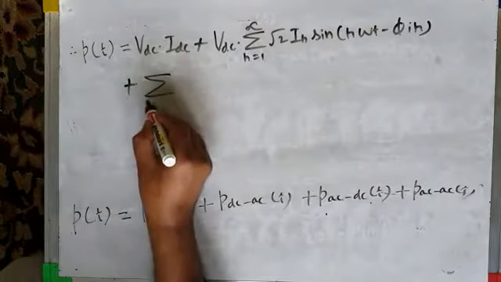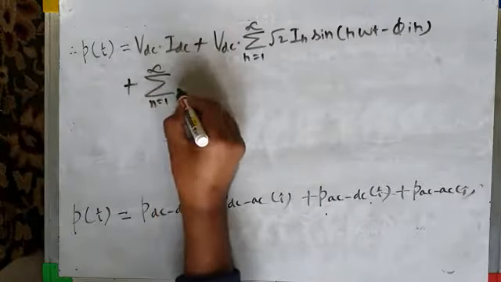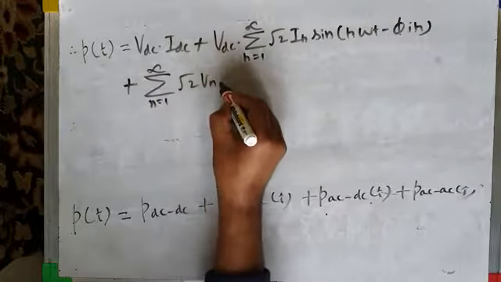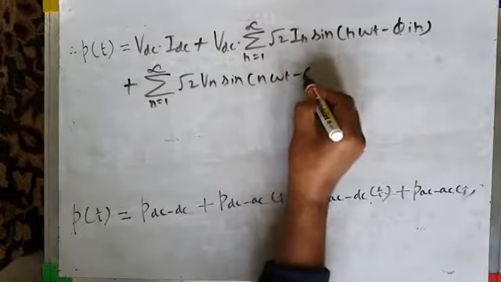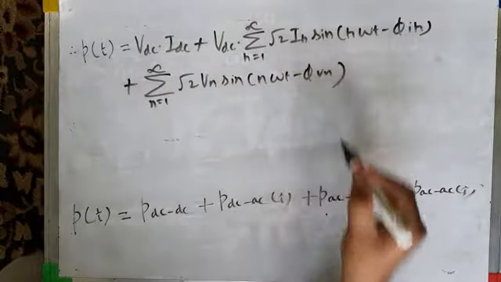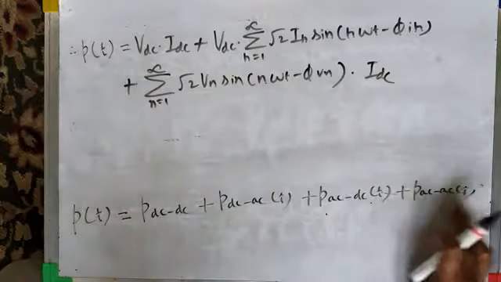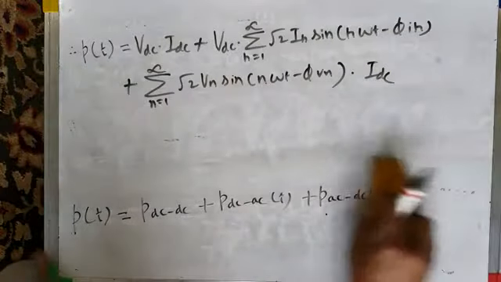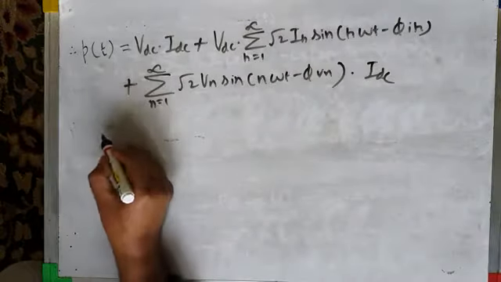AC voltage means this is my applied voltage, n equal to 1 to infinity root 2 Vn sine of n omega t minus phi Vn, and what is my current? DC, multiplied by IDC, plus PACACT. PACACT, just few moments back we got a comprehensive equation for that.